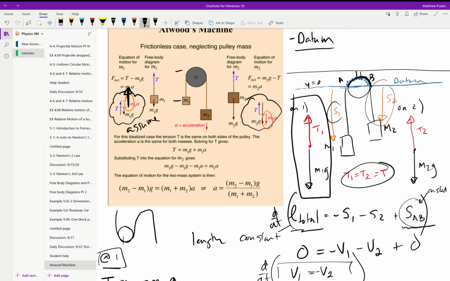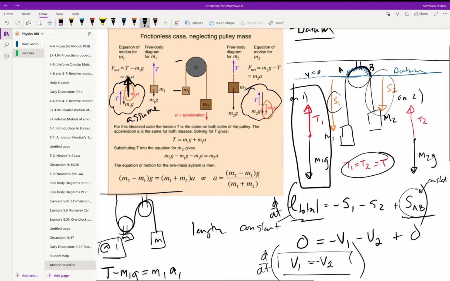What if we had something like this, where it's attached to the ceiling and then had a mass here and a mass here? Then we really need the datum. So we'll do lots of problems like that in dynamics, but I wanted to show you where one of the good solutions for this comes from.